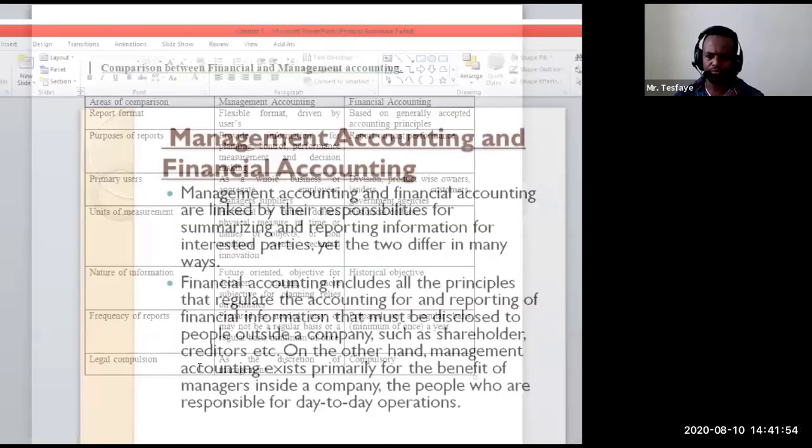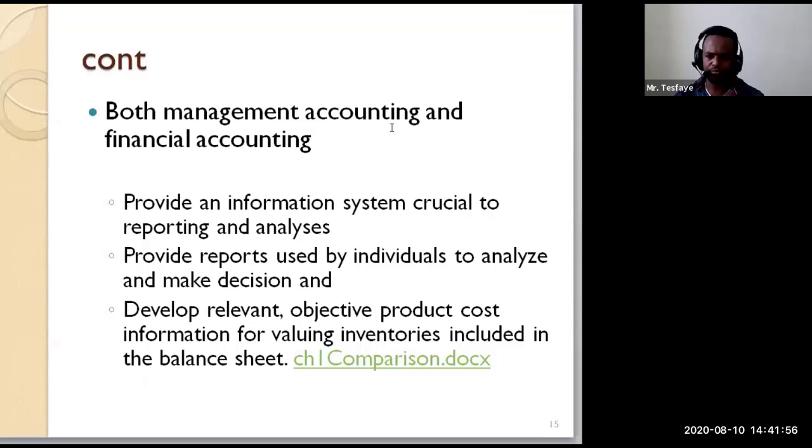Okay, let us continue. These are the similarities of management and financial accounting. Both management accounting and financial accounting provide an information system crucial to reporting and analysis. Second, they provide reports used by individuals to analyze and make decisions.